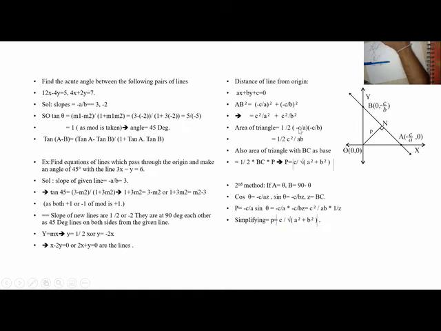We can do it both ways. This is the area method. In this one I take theta with this triangle ABO, another time theta with the smaller triangle, because they are similar triangles. So I get the perpendicular distance as C by square root of A square plus B square.